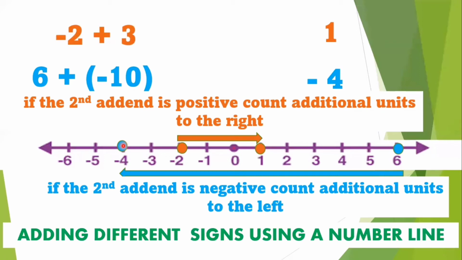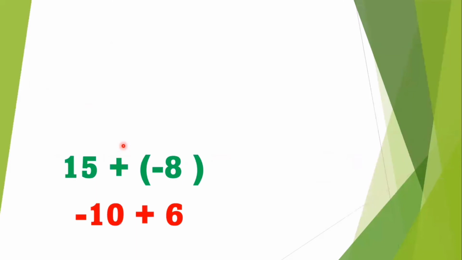Adding different signs using a number line. That is how easy adding different signs using a number line is. Now, what if we have bigger numbers, like 15 plus negative 8, and we also have negative 10 plus 6. Kapag bigger numbers naman ang isosolve or i-add, we can use the rules in adding different signs.